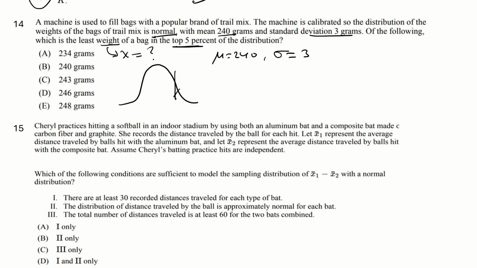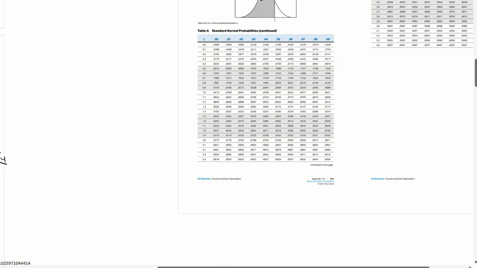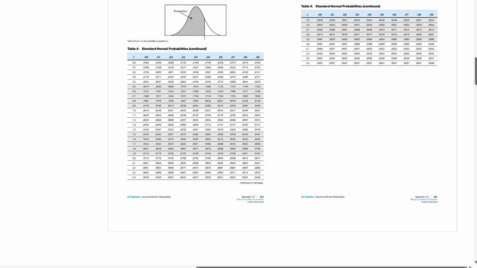So the top 5% means the area to the right is 0.0500. If you were to look this up, we can look this up with a table so we can kind of show you, and then we can also do the calculator, obviously. But if we go to the table, we look at the value that is closest to 0.05.